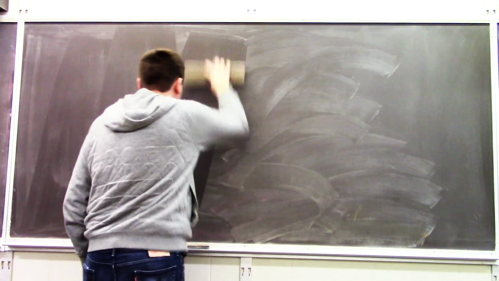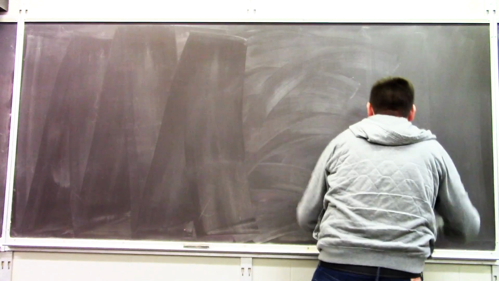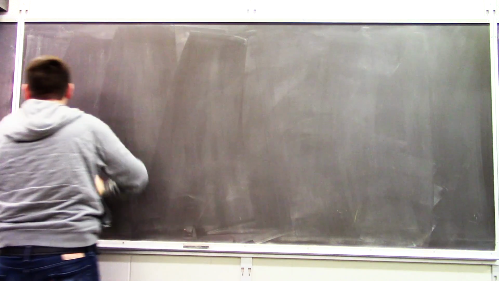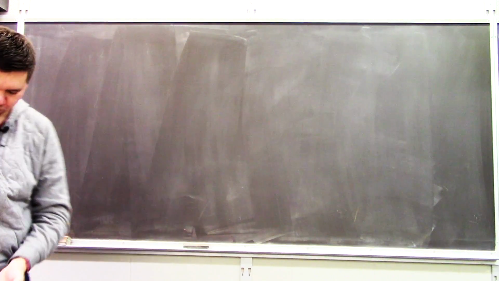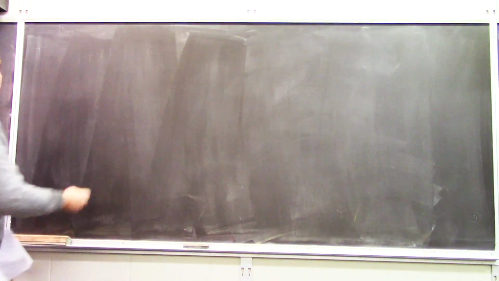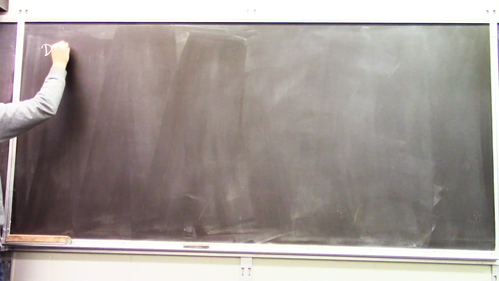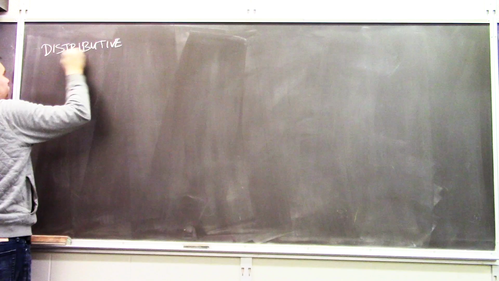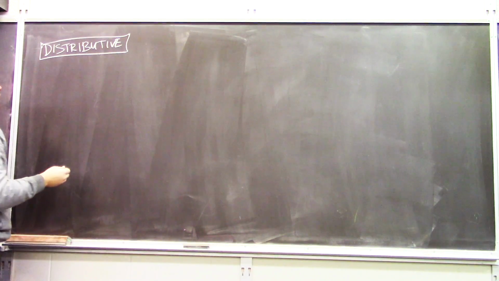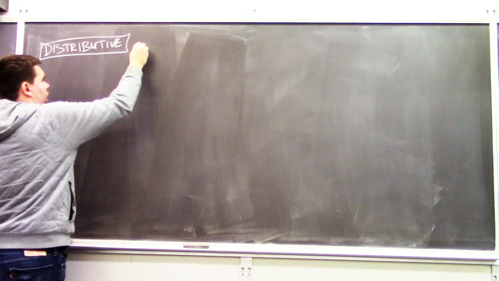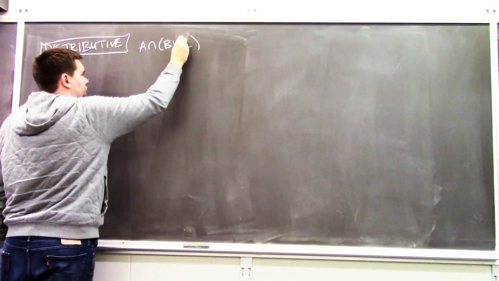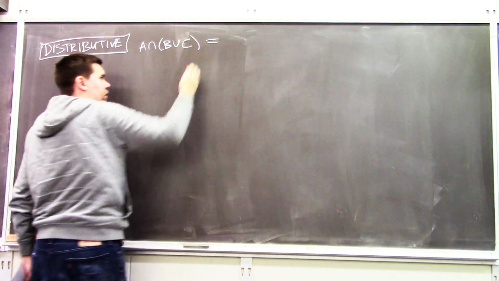Same thing with sets. So here we go. This is going to be our distributive law. What is A intersect (B union C) equal to?